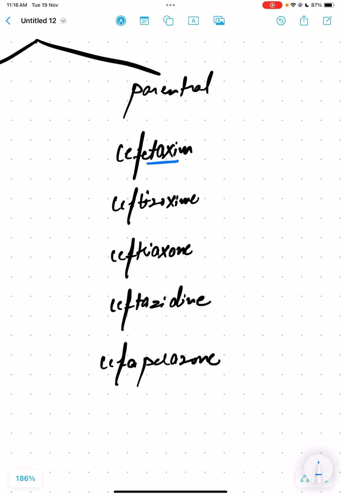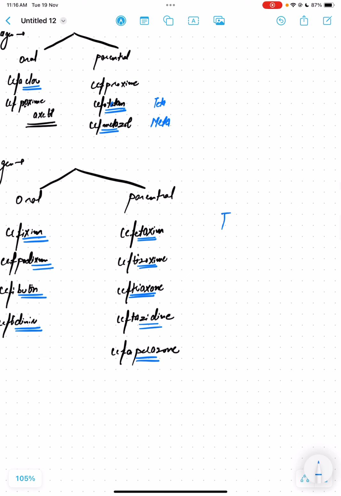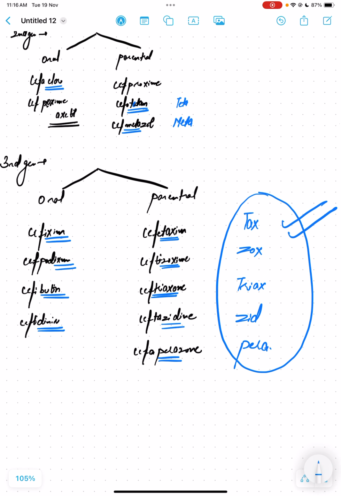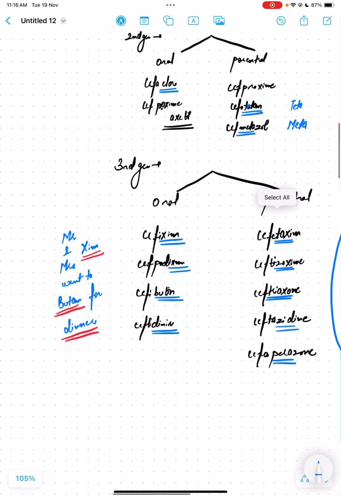It involves the words tax, zox, triax, zid, and para. You can remember it by tax, zox, triax, zid, and para. If you remember only these words, it will be easy for you to remember the whole of the drugs involved in the parenteral one. This is for the parenteral and this is for oral.